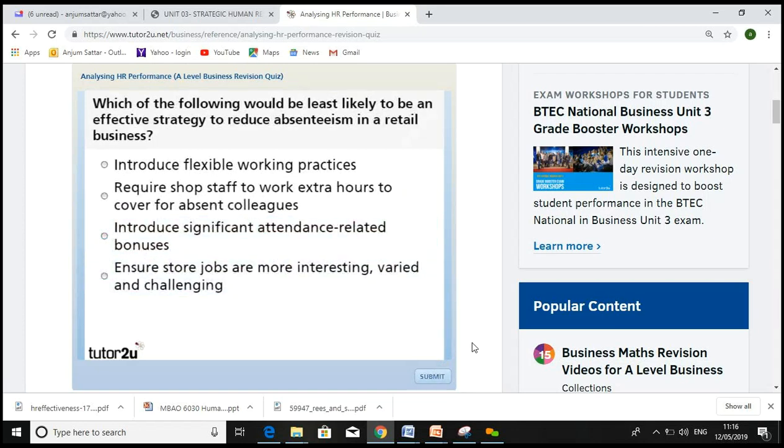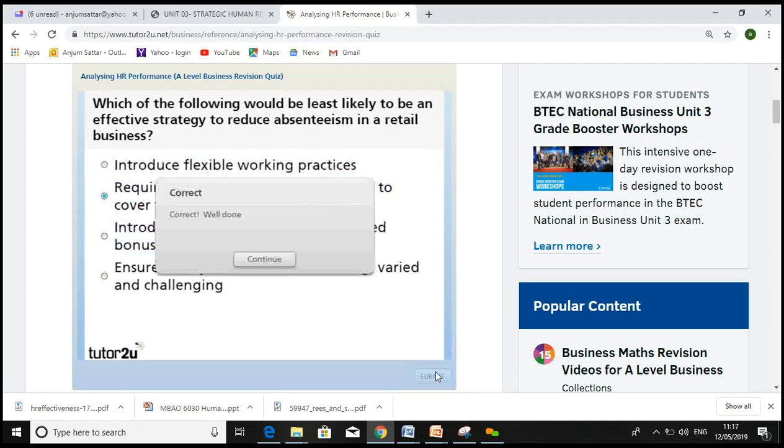No, that's not what we'll go through. Which of the following would be least likely to be an effective strategy to reduce unit costs? The second one.